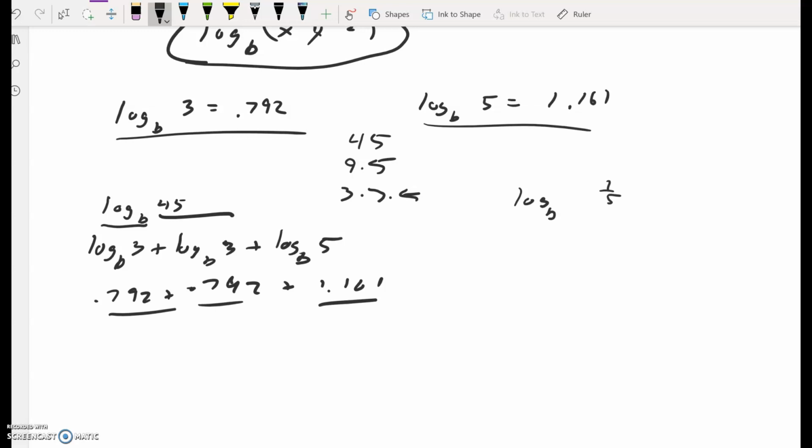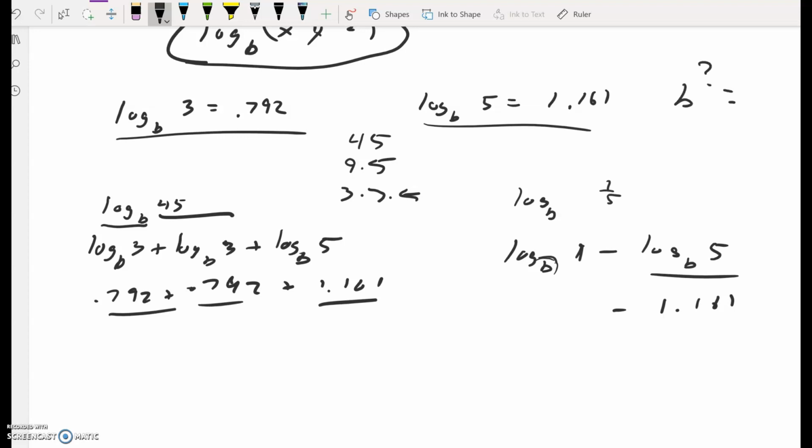What about 1/5? Well, what can we do? Well, we have the logarithm base b of 1 minus the logarithm base b of 5. This, we know what it is, we're given. But what about this? What is the power you're going to raise b to get 1?